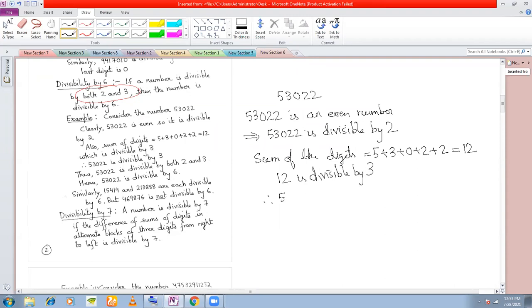Therefore, 53022 is divisible by 3. That means 53022 is divisible by both 2 and 3.